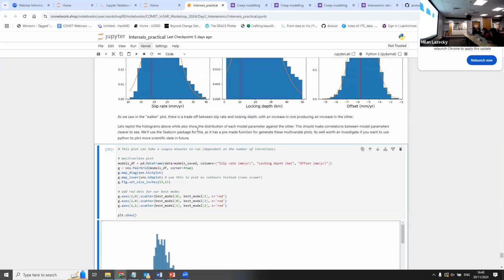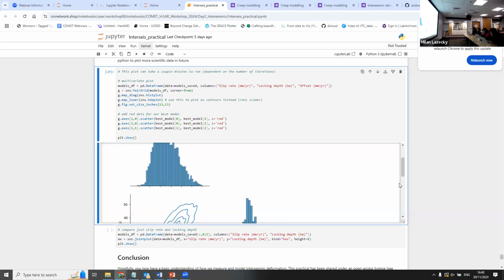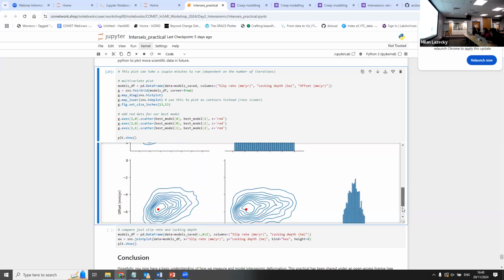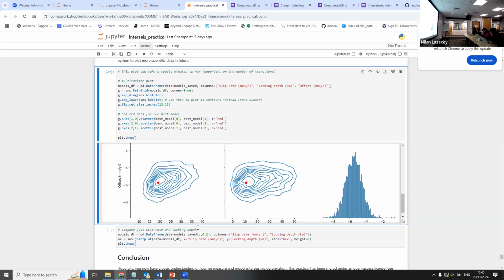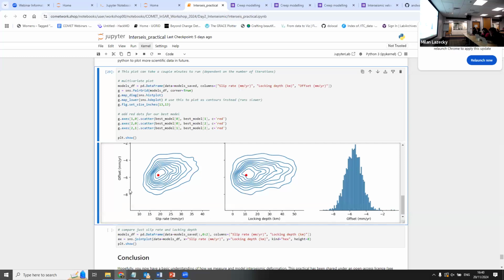From this figure, you can see that there's no strong correlation between offset and slip rate, or offset and locking depth. It means that the offset parameter may be independent in this inversion.